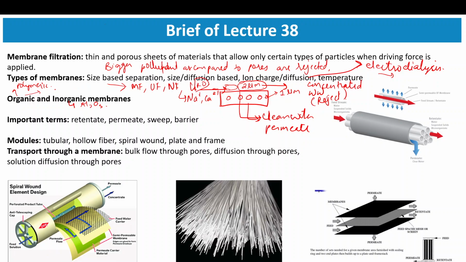For example, the pH of water should not be very acidic or very basic, otherwise it will degrade the polymer. For inorganic, the working temperature and the working pH range are much wider, but it is very difficult to prepare ceramic membranes, and they are also costly. So polymeric membranes are much more used as compared to inorganic membranes.